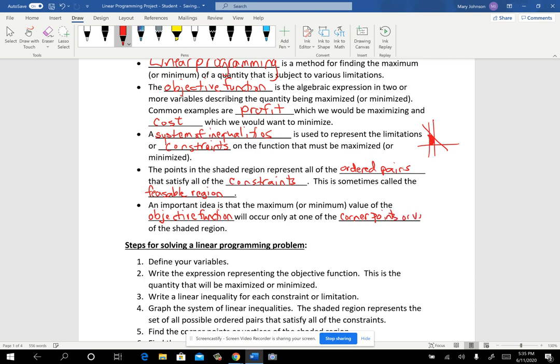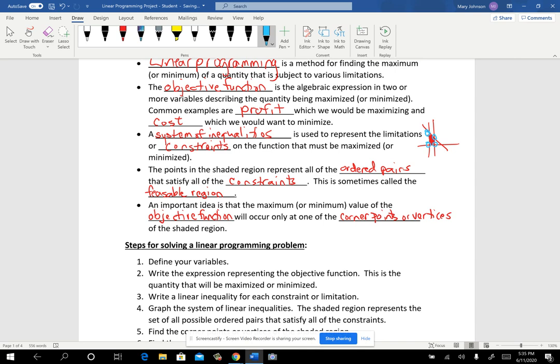Sometimes those are called vertices, so I'll use both of the languages here. The answer to the question is going to come from one of the points at the corners of this feasible region, which will turn out to be a polygon of some sort, okay?